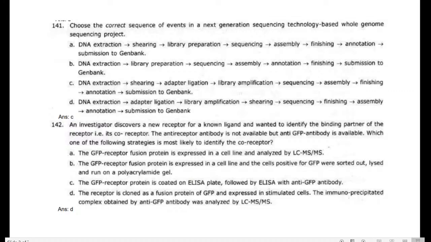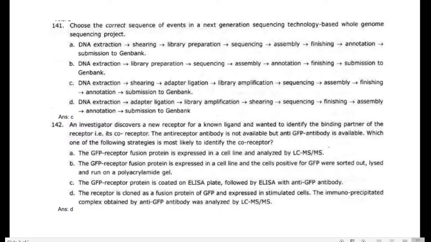Sanger sequencing method and other sequencing techniques are there, such as the Maxam-Gilbert method, the Sanger sequencing method, and pyrosequencing. Apart from these, why is next generation sequencing very important?